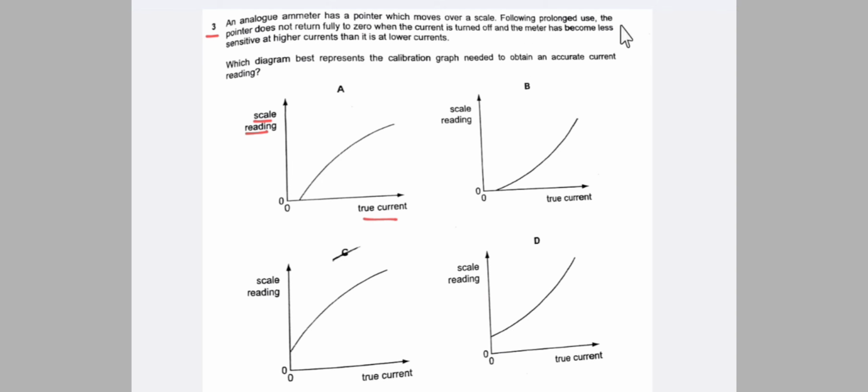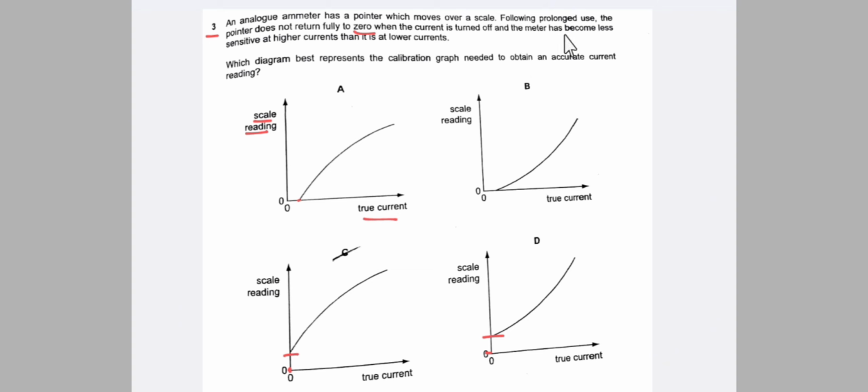That means when the true current value is 0, the pointer reading is not 0, it is something above 0. On this axis, when the true current reading is 0, the pointer does not start with a 0 reading, it starts above 0.